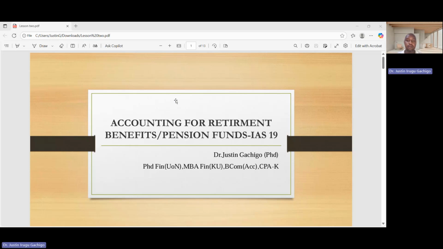Then let us look at the statement of changes in the net assets available for benefit. The change is now the difference. What we are looking at from this angle is actually this one here, this 106, and we are going to see how. The format for this one starts with the income: contributions from employers, contributions from employees, interest income, interest on deposits, dividends, total income.